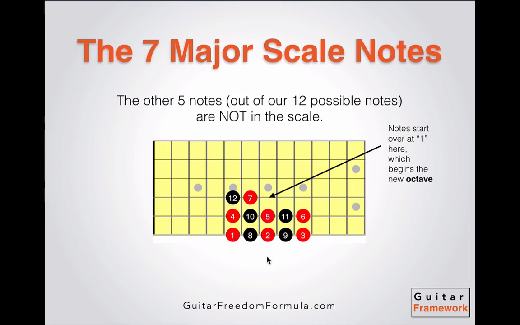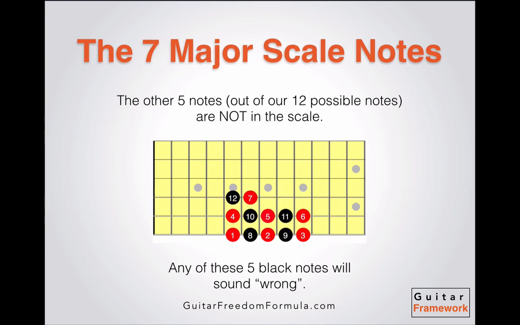The black note numbers really don't matter for right now. All I did was just literally number them so you can see that we have 12 total notes, okay? So all of the black notes will actually sound wrong because they're not in the key. In other words, for right now, they're not in the major scale pattern, or they're not one of the red notes, okay?